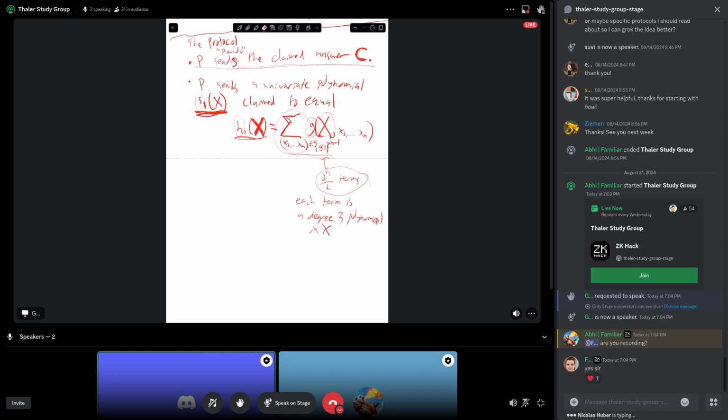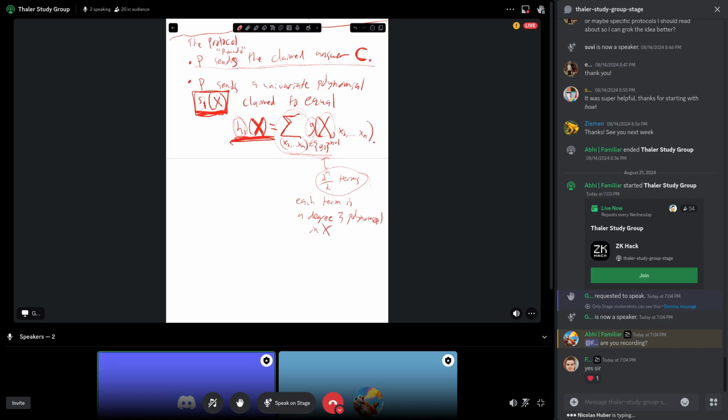Again, it turns out in the sum check protocol, at least from the prover's perspective, it's most natural to deal with these polynomials, specify them via giving 4 evaluations of them rather than 4 coefficients in the standard monomial basis. But let's not worry about that much yet. So the prover in round 1 sends a degree 3 univariate polynomial, so just 4 coefficients or something, claimed to equal this degree 3 univariate polynomial.